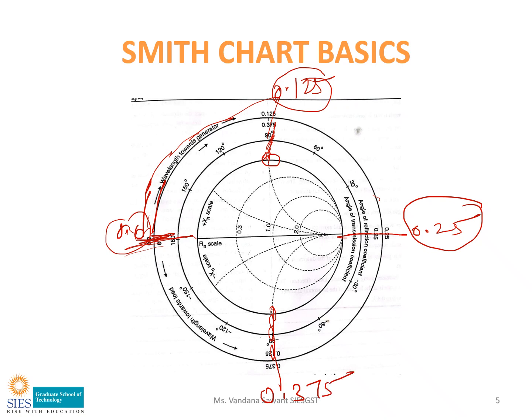So you need to trace all these values: 0.0, 0.125, 0.25, 0.375.